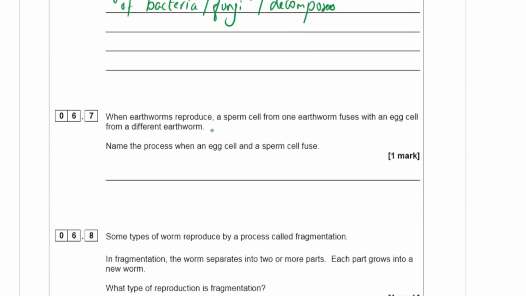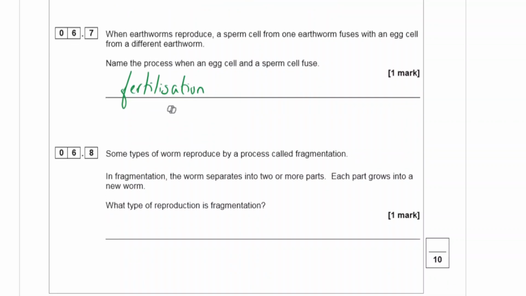When earthworms reproduce, a sperm cell from one earthworm fuses with an egg cell from a different earthworm. Name the process when an egg cell and a sperm cell fuse. That is fertilization. Some types of earthworms reproduce by a process called fragmentation.